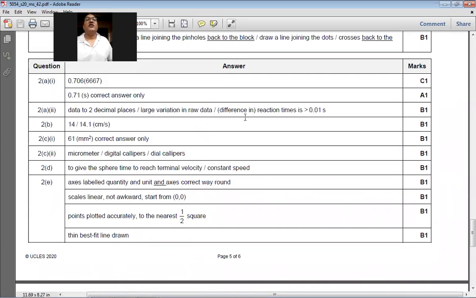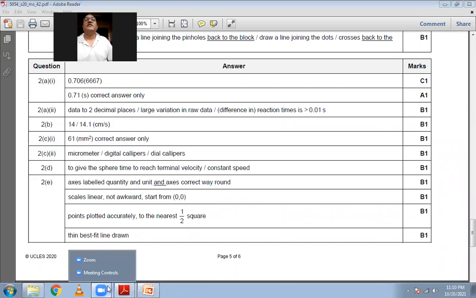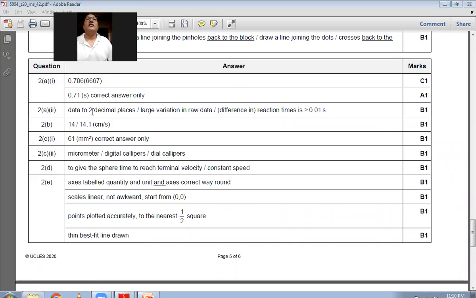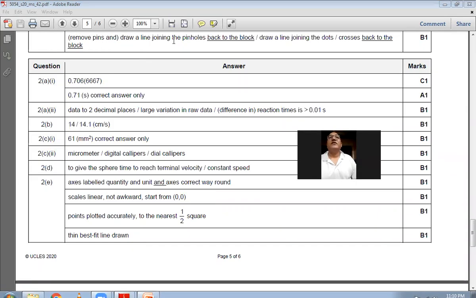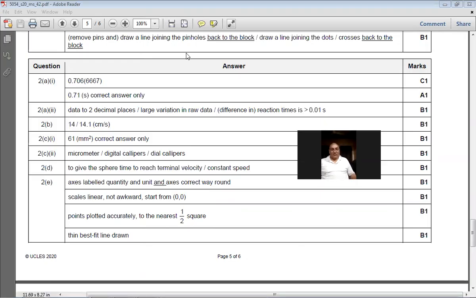So here on your screen, you can see the marking scheme of question number 2. What you can do is pause the video and take your time and read this marking scheme carefully. It is very, very important to read the marking scheme.